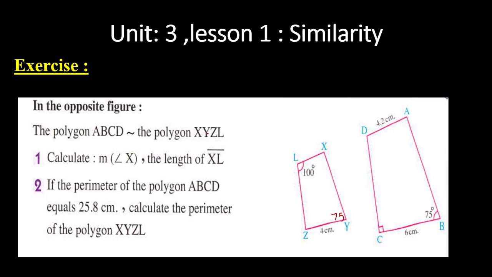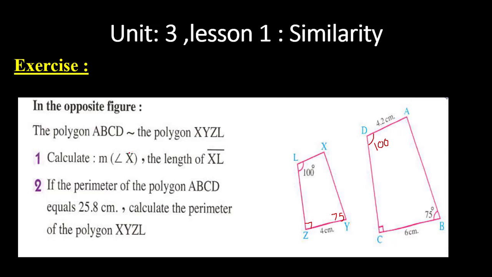Angle C equals angle Z, so angle Z is a right angle. Angle L will equal angle D, so angle D is 100. Angle D is 100 degrees.